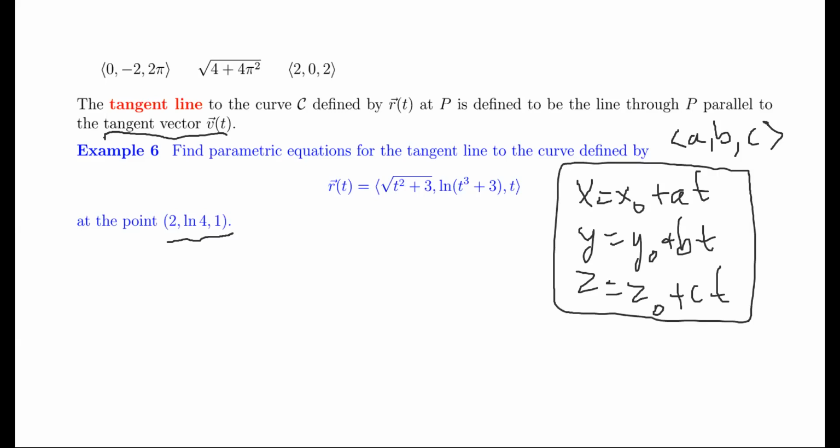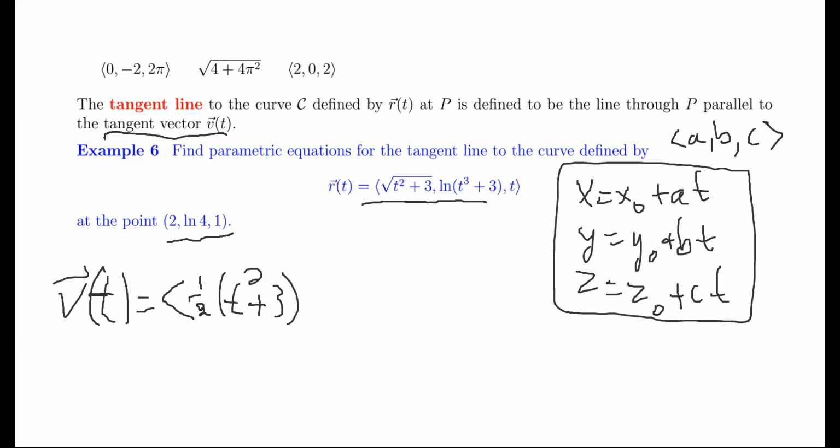So the first thing you want to do is take the derivative of this vector here. So we have t squared plus 3 to the 1/2 in the first coordinate. We take the derivative of that, and that would be 1/2 t squared plus 3 to the -1/2 all times 2t.